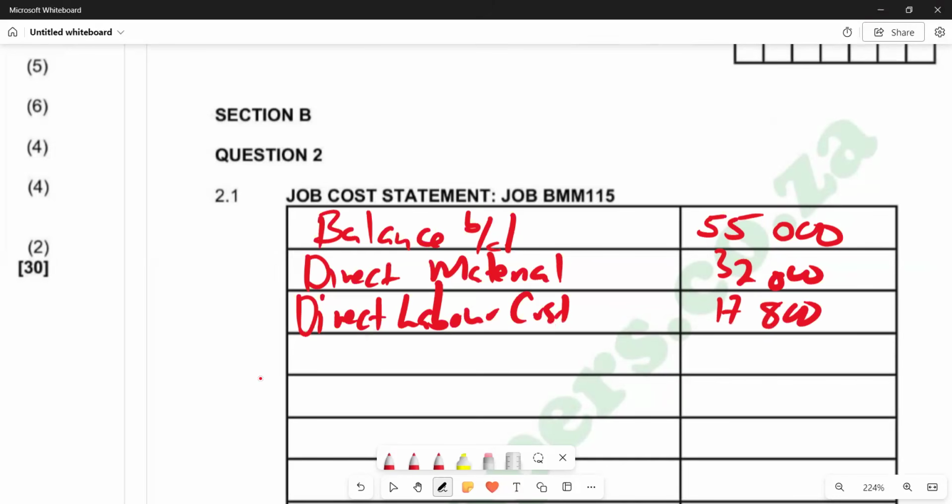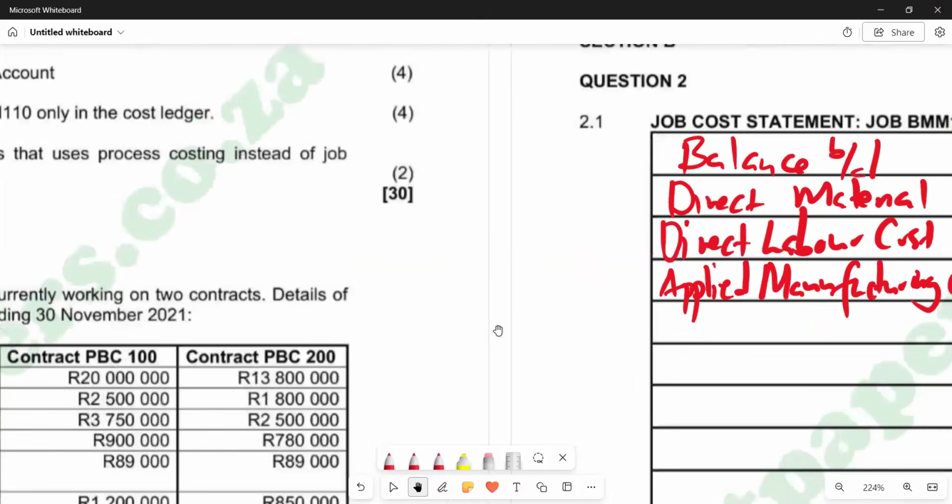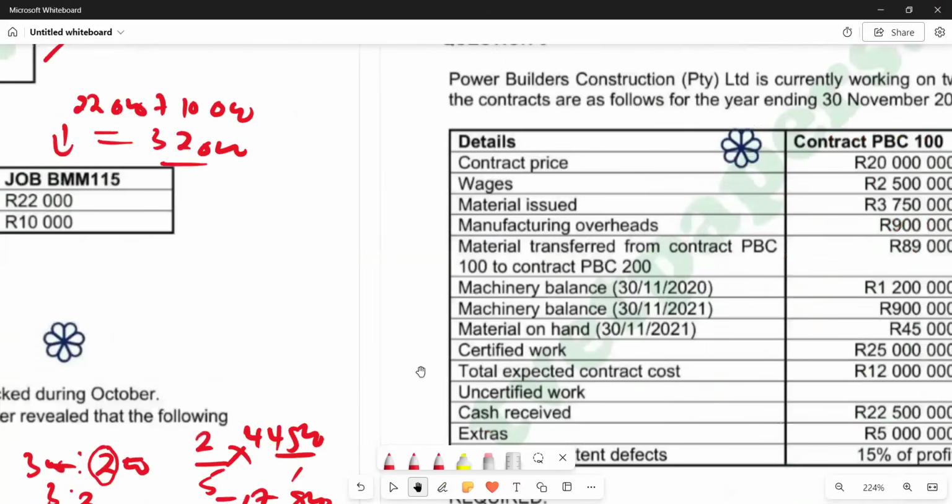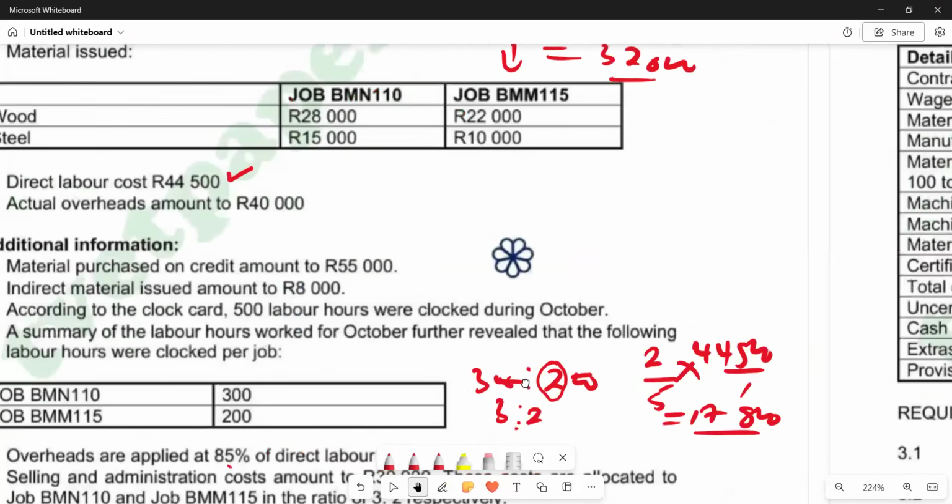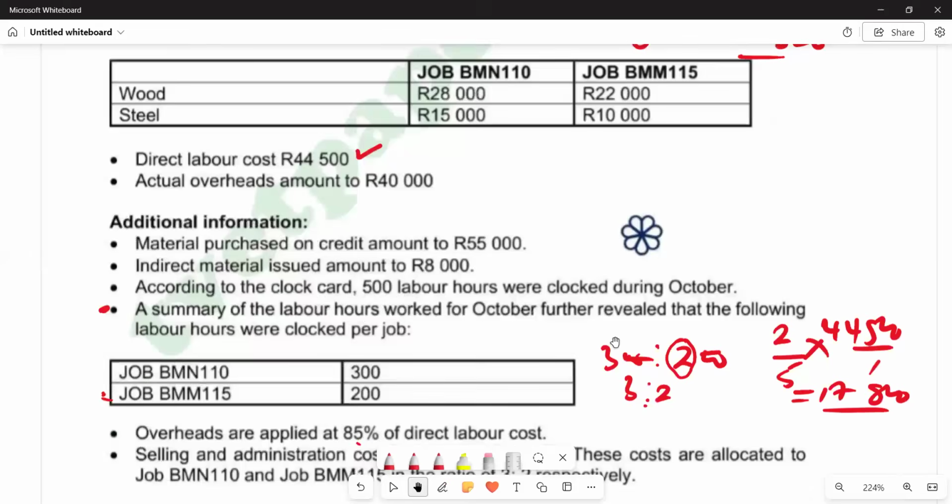Then from there, we want to look at applied manufacturing overheads. So we are going to go through the information to see what it says about applied manufacturing overheads.